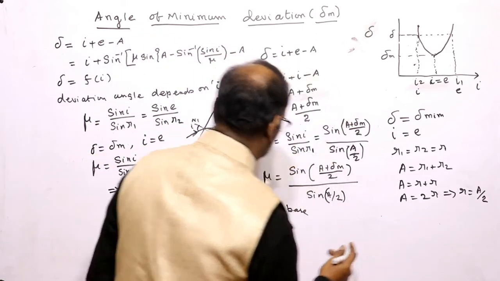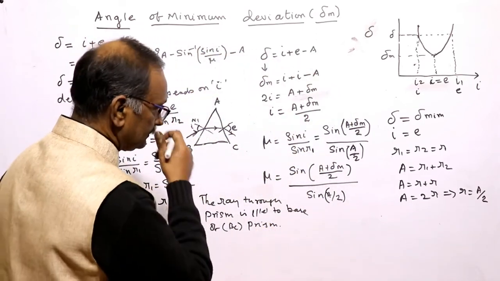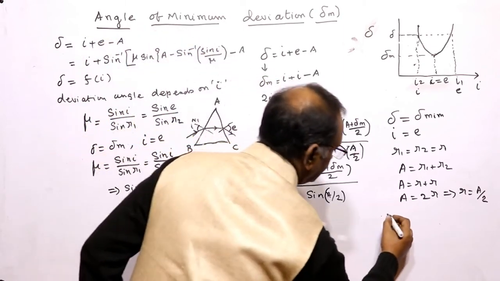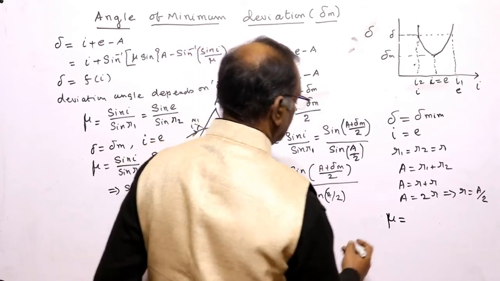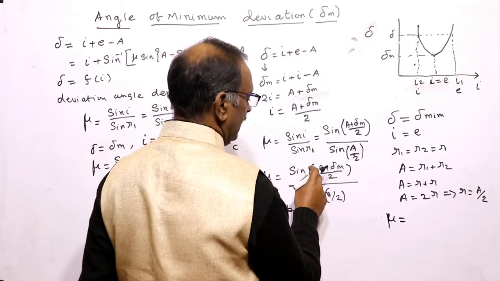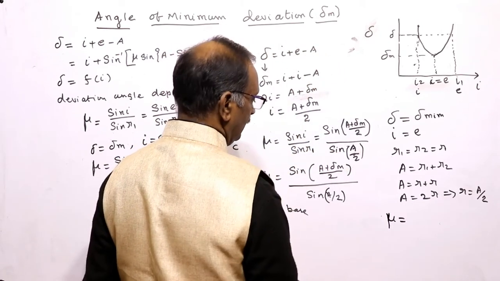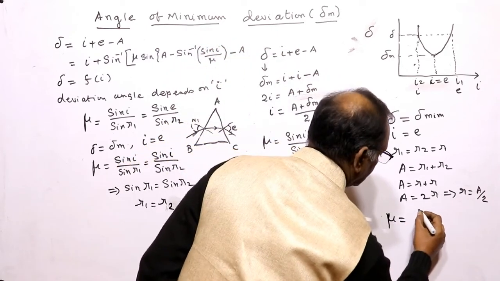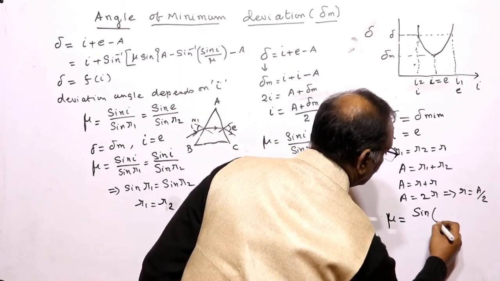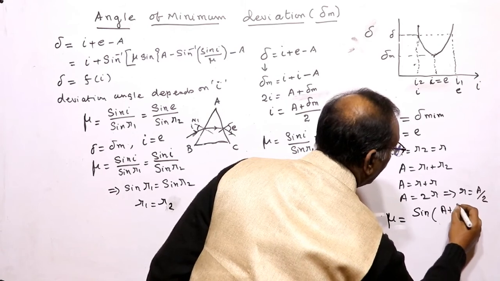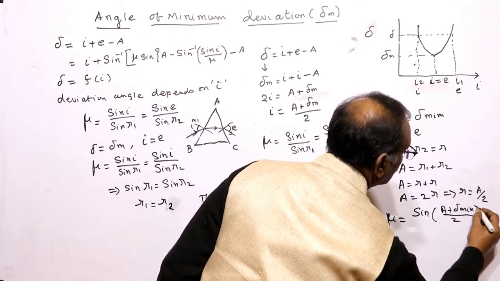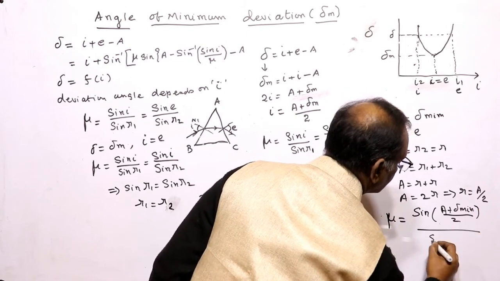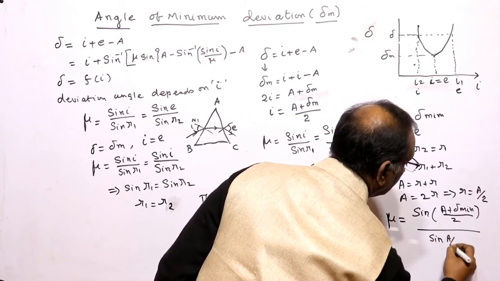So we can come to the relation between the refractive index, the angle of prism and the angle of minimum deviation: mu is equal to sine of A plus the angle of minimum deviation divided by 2 upon sine of A by 2.